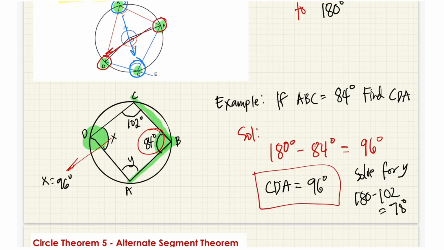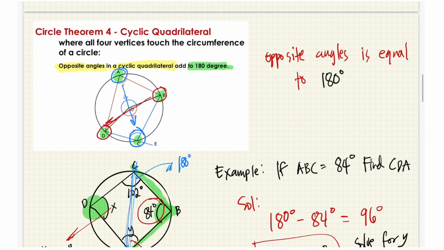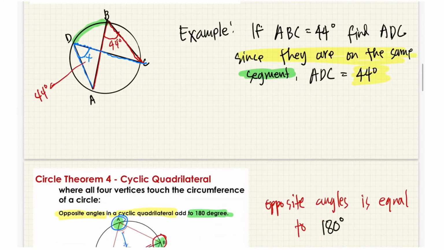So therefore here Y is equal to 78 degrees, because opposite angles add up to 180 degrees.